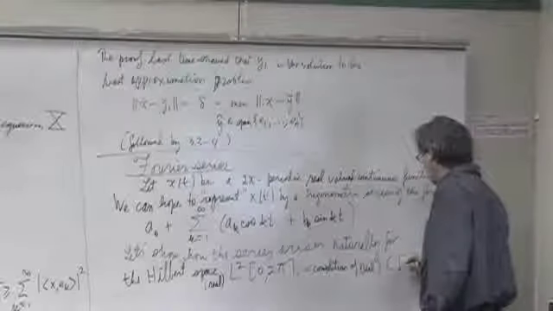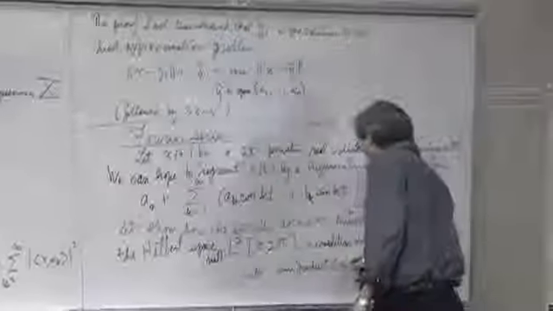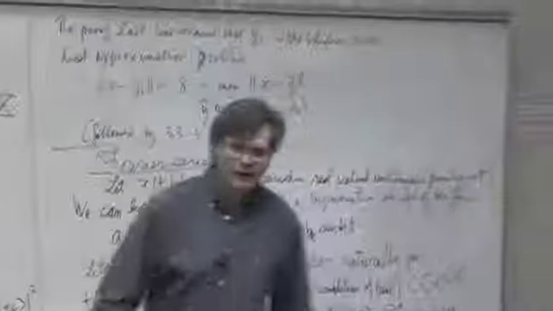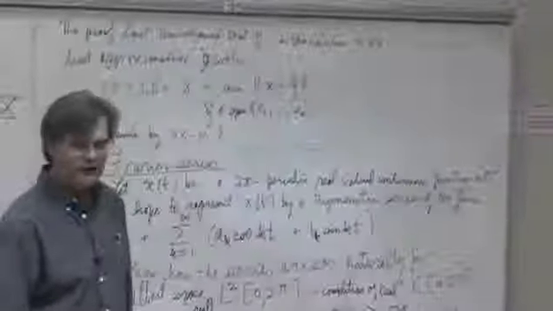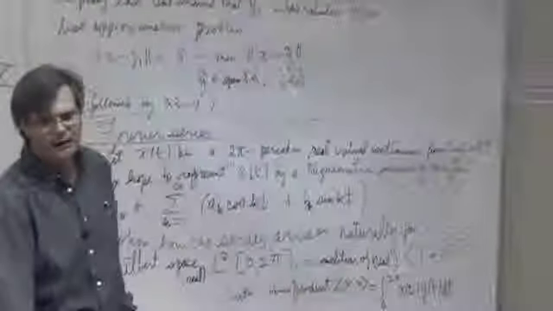One way was this is the completion of the real C0 of 0, 2 pi with inner product <x,y> equals the integral from 0 to 2 pi of x of t y of t dt. Okay, this is an inner product on C0, but we did not have a Hilbert space. In other words, you had an inner product space, but not a complete inner product space.